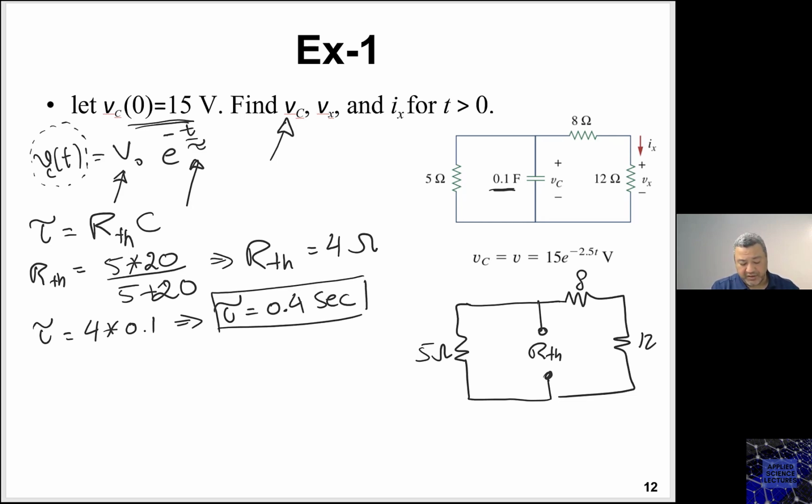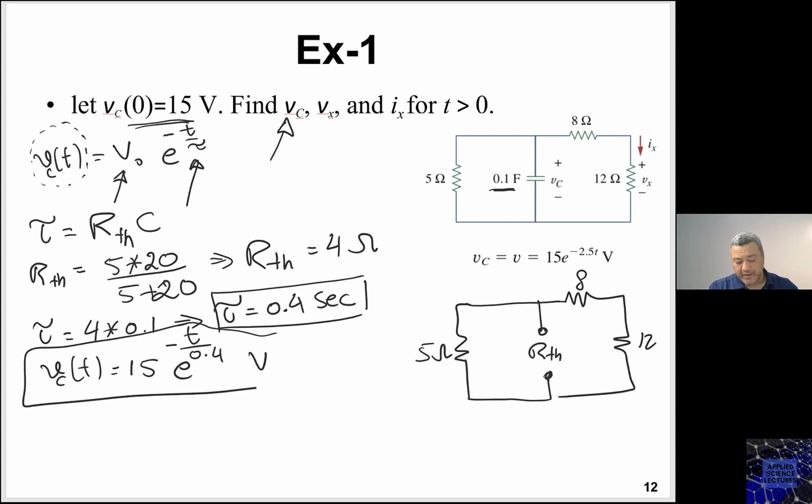So Vc(t) is indeed 15 e to the power minus t over 0.4, and this is in volts. So this is how we find the voltage expression across a capacitor in a source-free circuit. So I'm done with Vc.